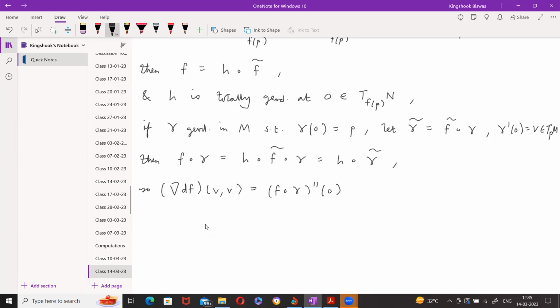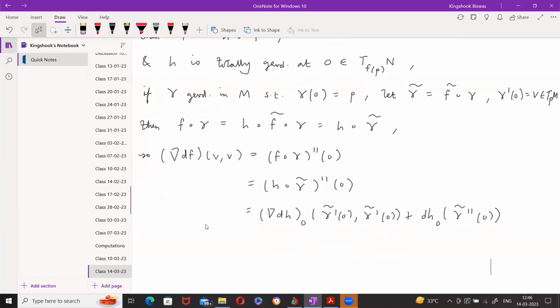But this is equal to H composed gamma tilde double prime of 0, which is nabla dH at 0 of gamma tilde prime 0, gamma tilde prime 0, plus dH at 0 of gamma tilde double prime 0, right?